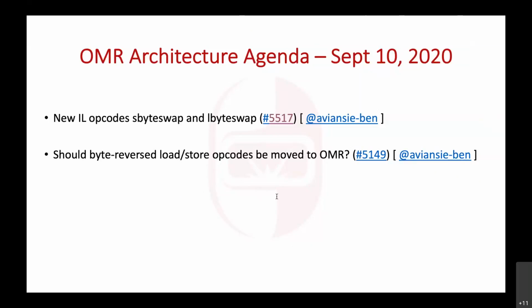This was just its introduction into OMR, with the long byteswap opcode proposed to be introduced later. Sure, if there's one in OpenJ9, that would have been the motivator for this. There may be an issue in OpenJ9 that talks about why they didn't use the opcode rather than the recognized methods. Check there as well.